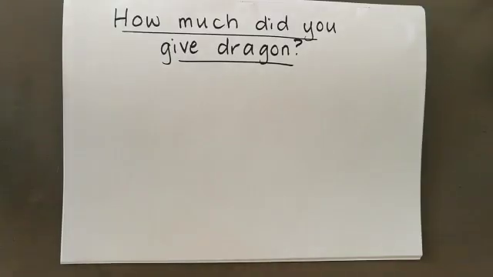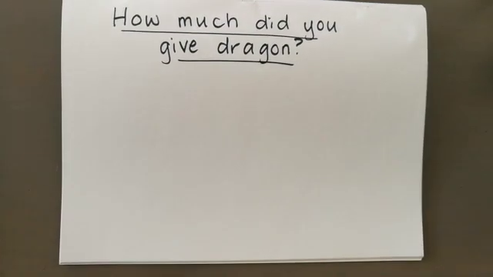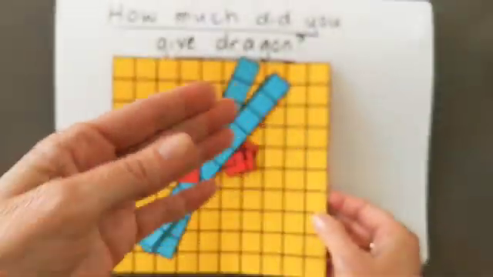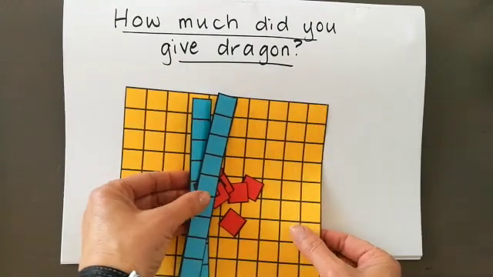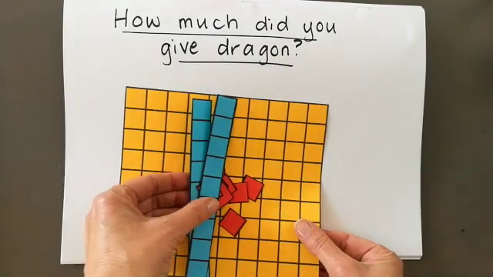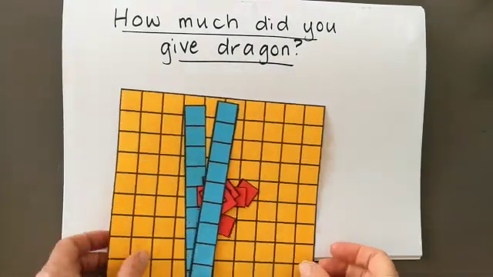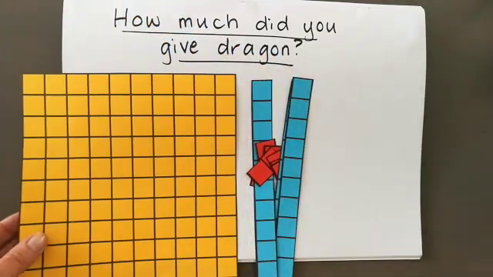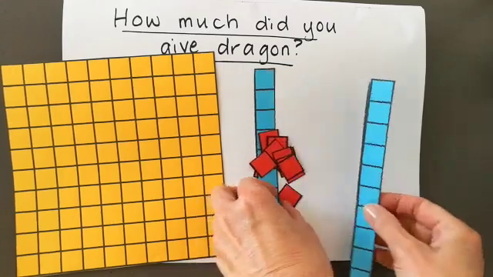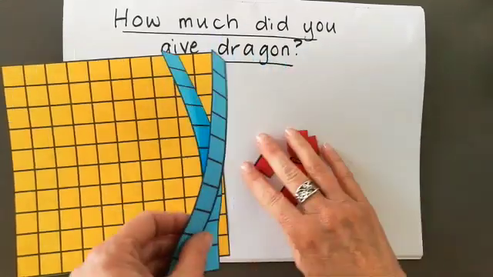Now, when you've come to the finish of trading, you're swapping your coins with the MABs so that we've got them back in our classroom. I would like you then to see how much you gave to dragon. To do this, all you need to do is get the MABs that you rescued and line them up and basically count them out.